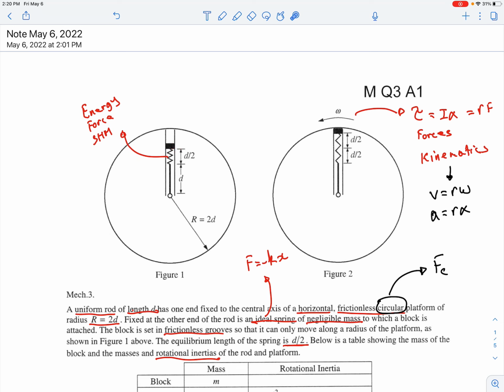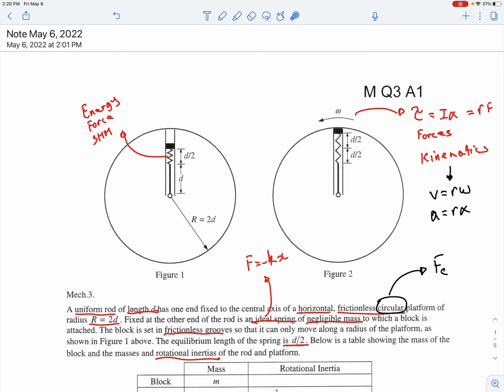For a point mass, it's anything that is rotating, going around, but the axis of rotation is not on the object. The block is right here, but the axis of rotation is here. The block is going around the axis of rotation, and it's attached to this setup. So you're going to treat this as a point mass.